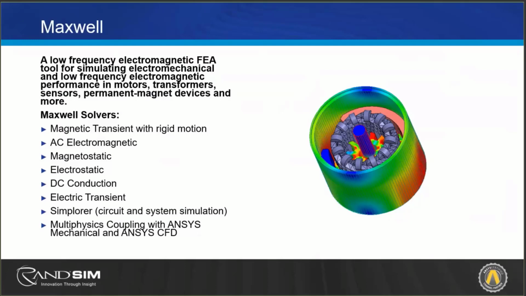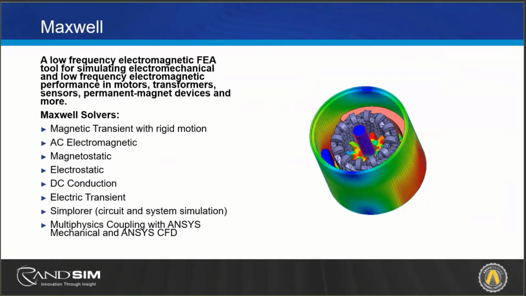In addition, Maxwell has a 2D solver, which you can use to not only save on runtime, you can decrease complexity to speed up your processes as you're developing these low frequency tools.